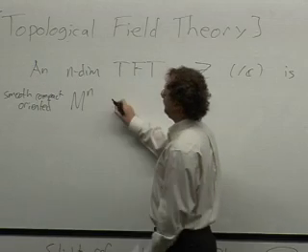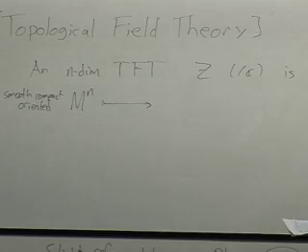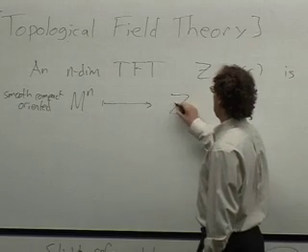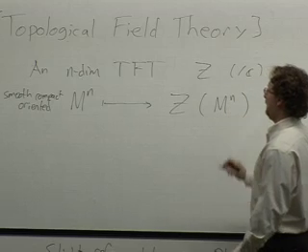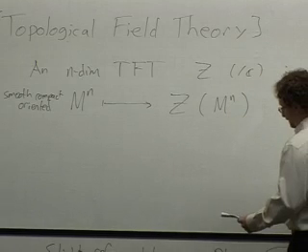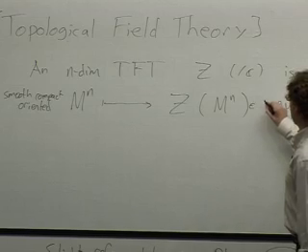To each such smooth, compact, oriented manifold I'm going to assign a complex number, Z of M^n. So that's the first tier.